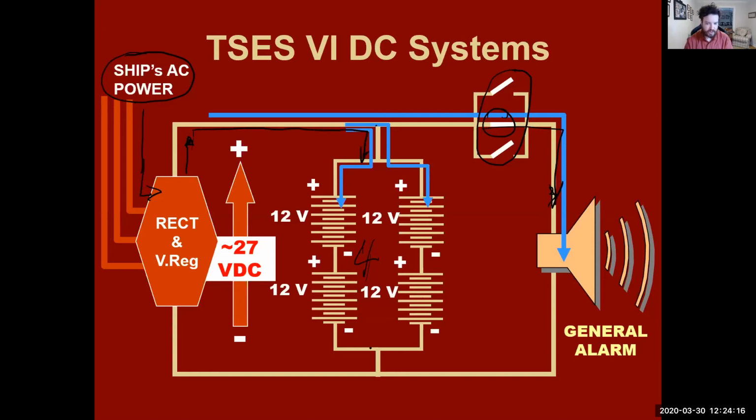It's either charging our batteries or going in this direction. If this switch is open, and the switch being open means there's no ability for the current to flow through, we're going to be charging our batteries. But if this switch closes, we're still charging our batteries. We're just going to have a general alarm going off at the same time.